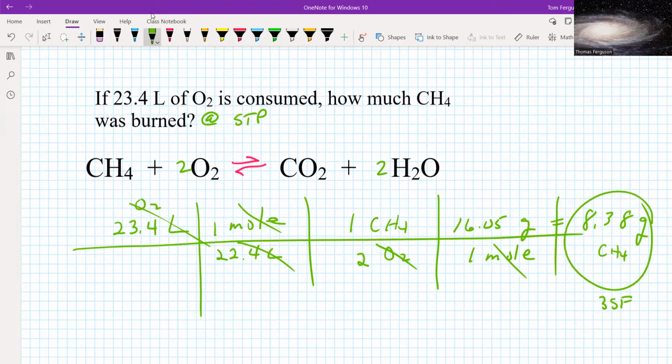So again, if in doubt, convert to moles. Moles, moles, moles in chemistry.